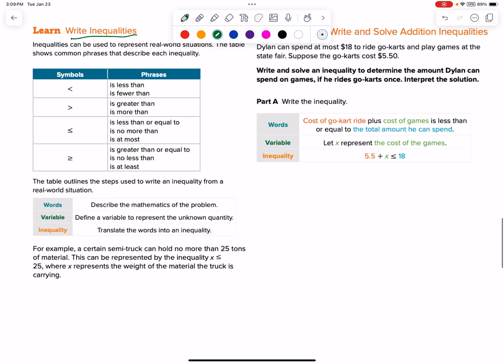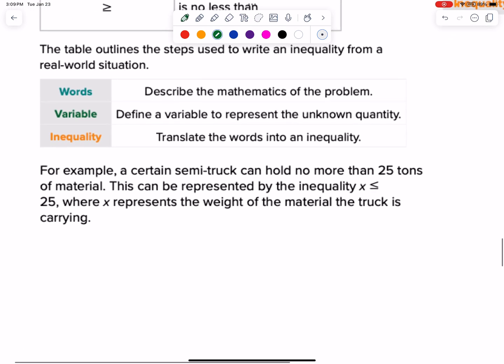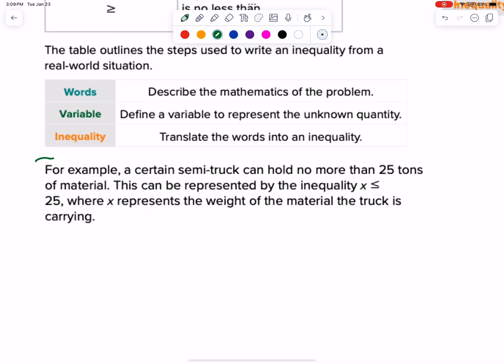Okay. All right. So when we have language like this, you're going to have some sort of math problem. And so it says, for example, a certain semi-truck can hold no more than. So you have to pause and think what that means. If you're not allowed to hold any more than 25, what does that mean in real life? Well, can you hold 26 tons? No, it says no more than 25.